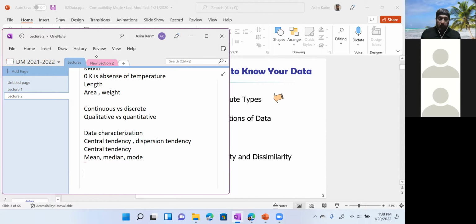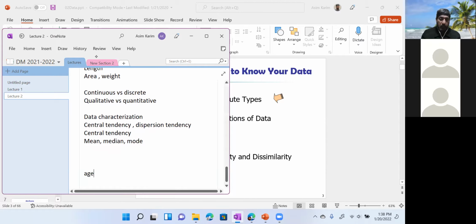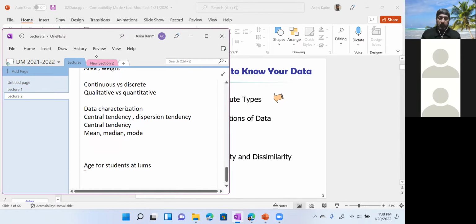So where is the data centered around? For example, let's say you have age data. Let's say age for students at LUMS. How can you find the central tendency? Age is ratio scaled, and usually integers are used to encode age, but it's still numeric.